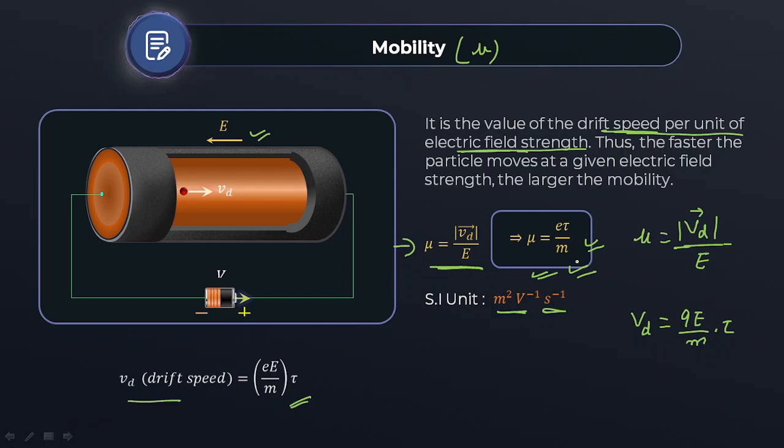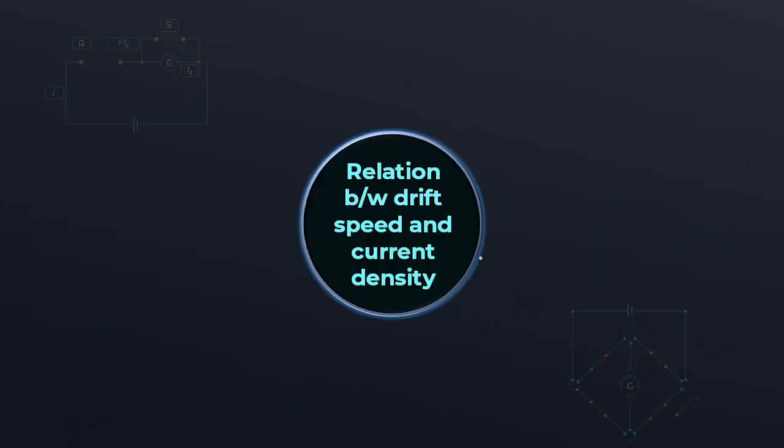So we can say that the faster the particles move at a given electric field strength, the larger the mobility. Of course, if the electric field is the same but electrons are moving faster, that means for that conductor mobility is higher, right?